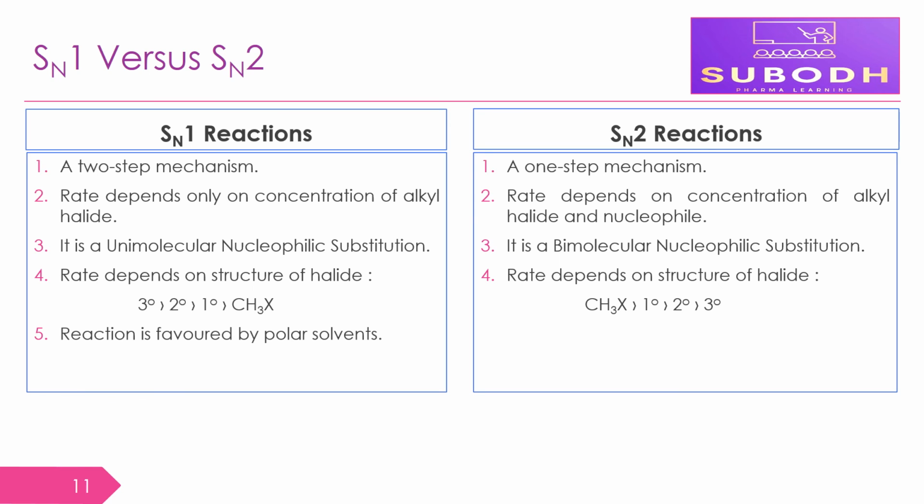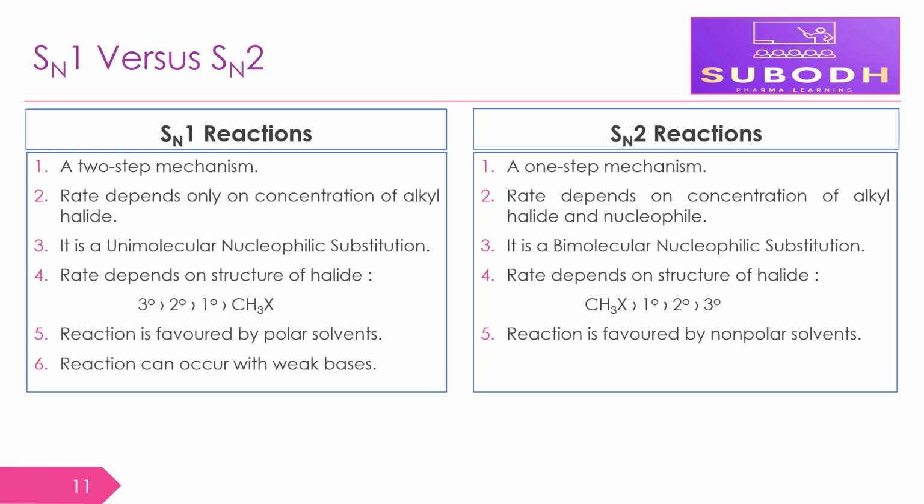The SN1 reaction is favored by polar solvents, and the SN2 reaction is favored by non-polar solvents. The SN1 reaction can occur with weak bases, and the SN2 reaction requires strong bases.